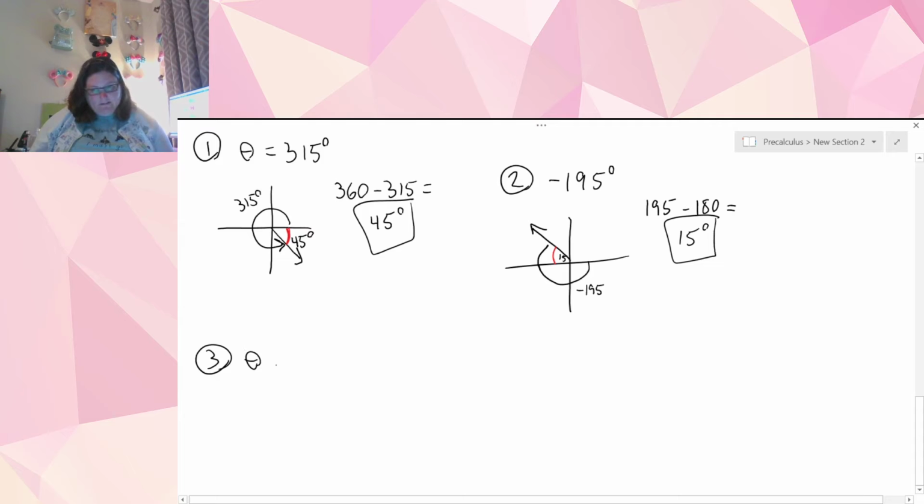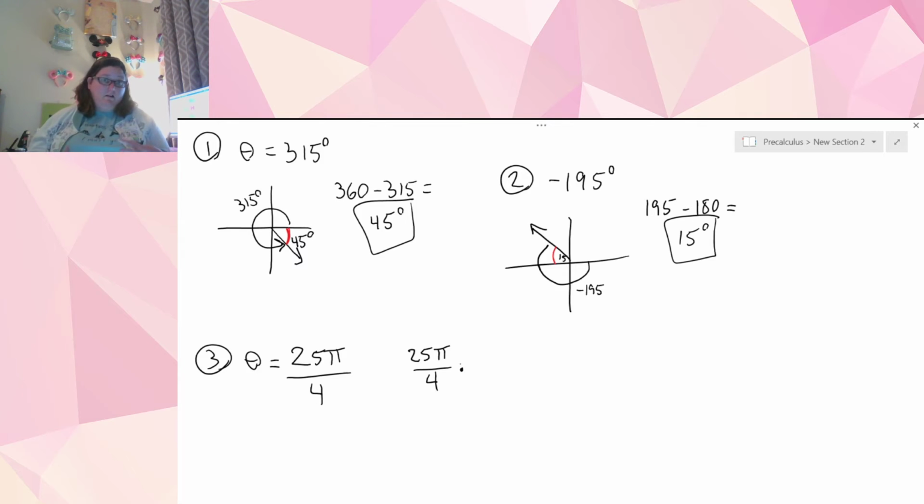So next one, we're going to get into radians. We have theta equals 25 pi over 4. I have no idea what angle that is, so I'm going to change it into degrees so I can make sense of it. To get rid of pi, we put pi in the bottom, and we do 180 over pi.